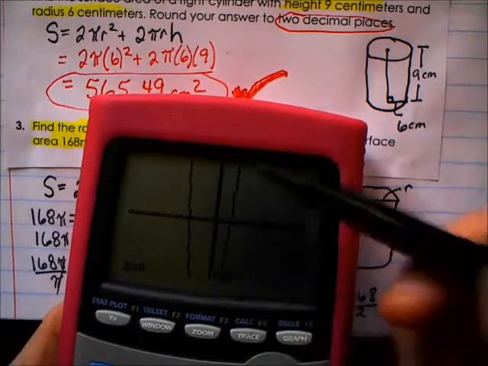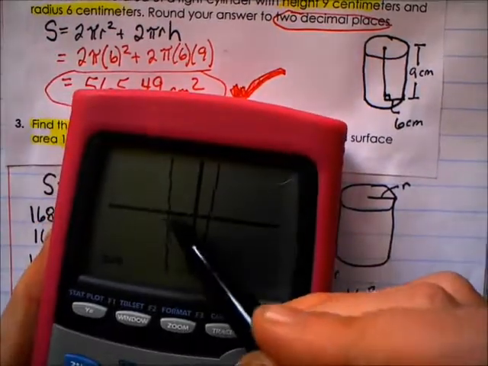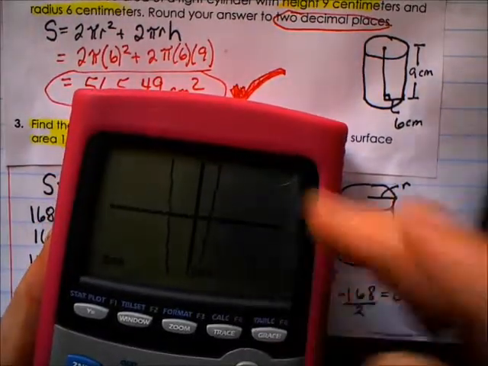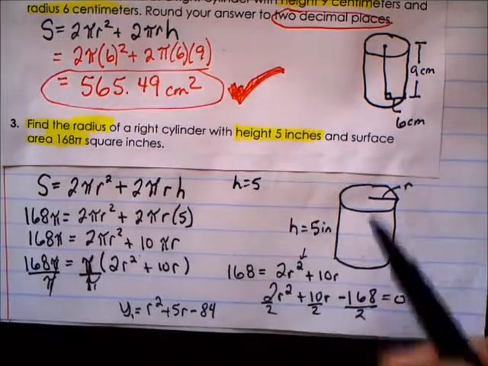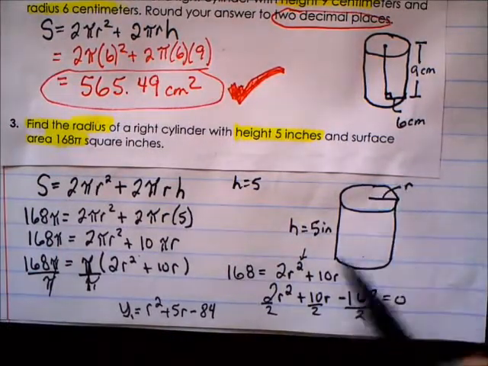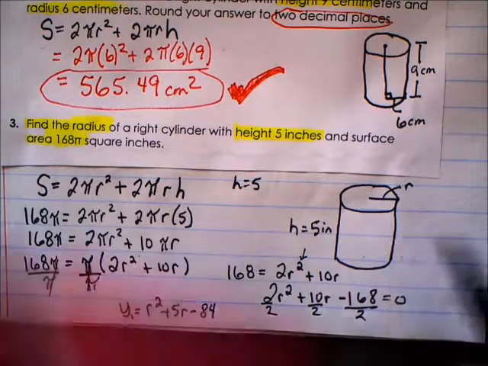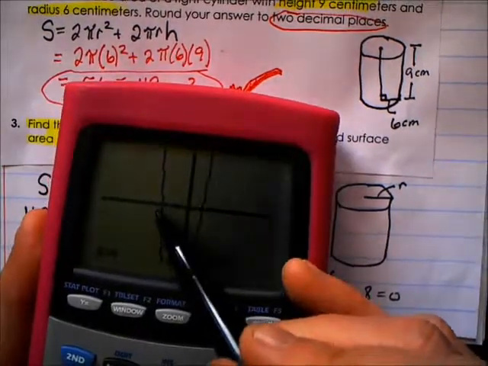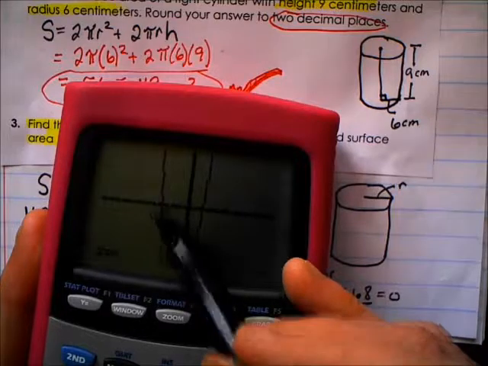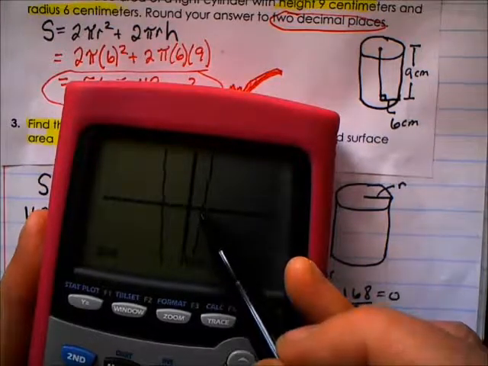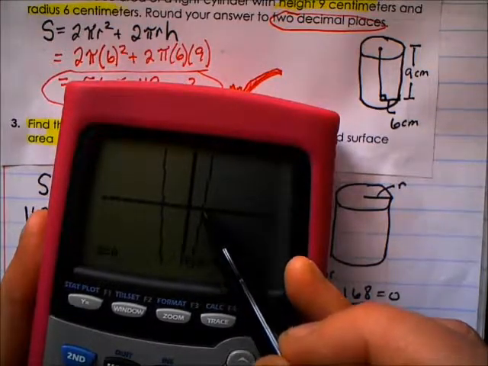Now my answers will be the x-intercepts. So I have one at the left and I have one on the right. Now we're dealing with real life here. It's an actual cylinder. It's not an imaginary world. Therefore, I'm not going to worry about the left-hand side. That's a negative answer. I don't care about that. I'm worried about the right hand side. That number right there is what I'm looking for.